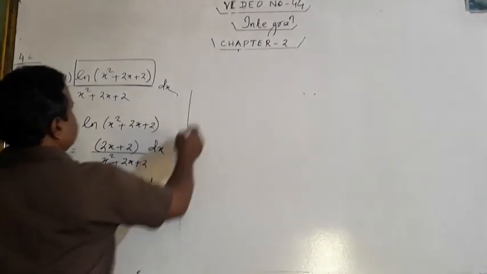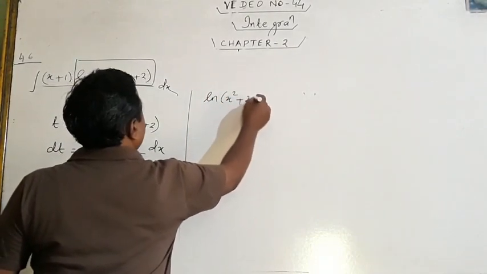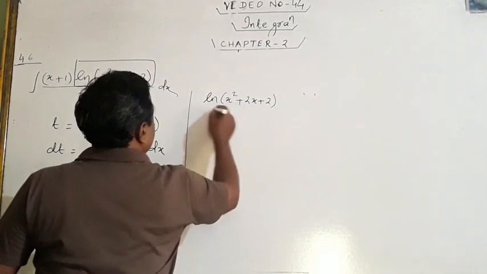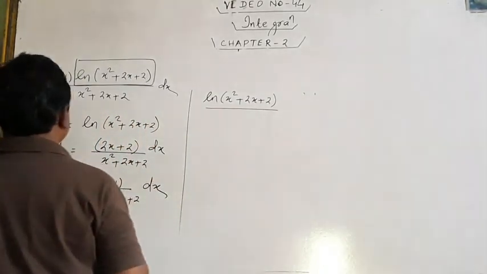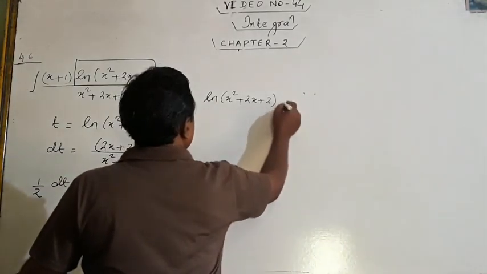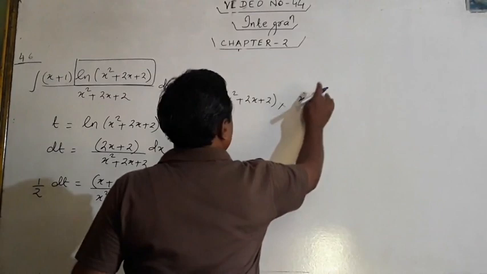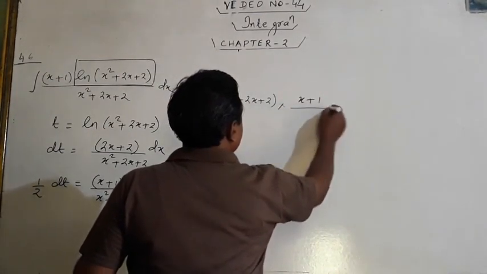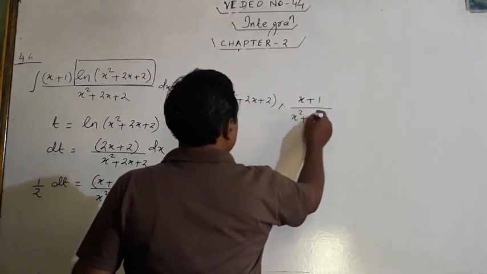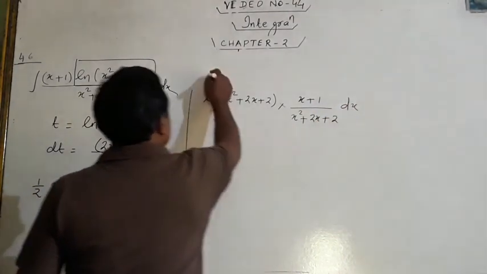Take ln to the left side. ln x square plus 2x plus 2 divided by what? Into this into what? x plus 1 by x plus 1 divided by x square plus 2x plus 2 whole into dx.